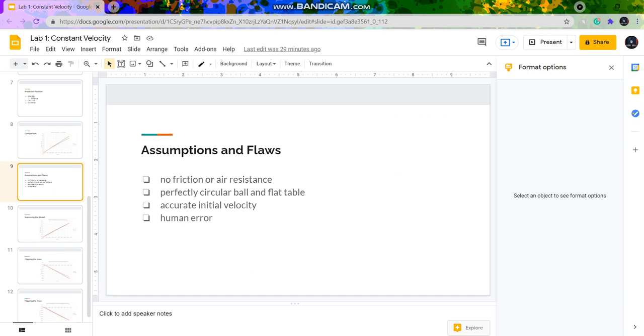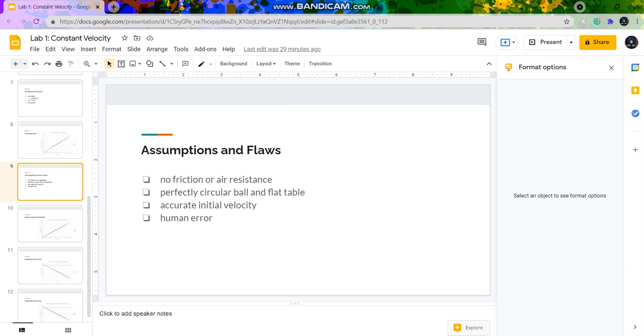Why is this so? Well, there are some assumptions and flaws in this lab that are present from the very beginning. The first is that we assume there's no friction or air resistance. This is of course not true in real life, as in real life there are these forces that are pushing the ball in the negative x direction and thus slowing it down. Another assumption we make is that the ball is perfectly circular and the table is perfectly flat.